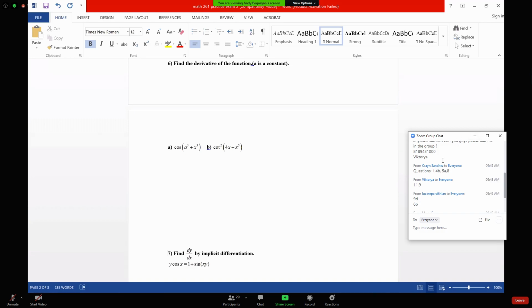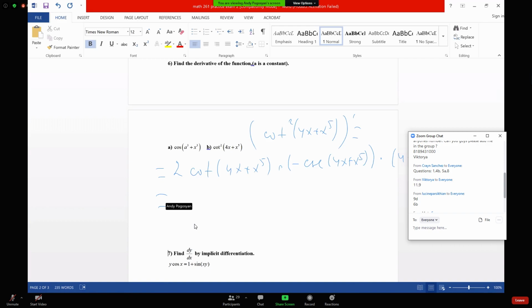So the derivative of cotangent squared of 4x plus x to the 5 equals 2 times cotangent of 4x plus x to the 5 times the derivative of cotangent, which is negative cosecant of 4x plus x to the 5, times the derivative of 4x plus x to the 5, which is 4 plus 5x to the 4.